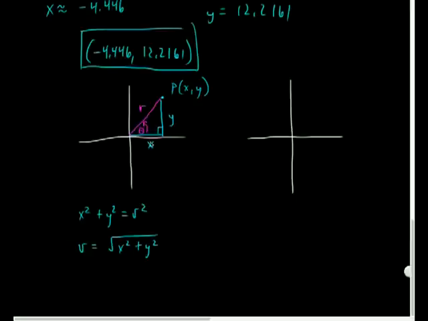Now to find theta, I know from theta's perspective here, y is the opposite and x is the adjacent. So I could say that tangent of theta would equal y over x, right? So theta is going to equal the tan inverse of y over x.